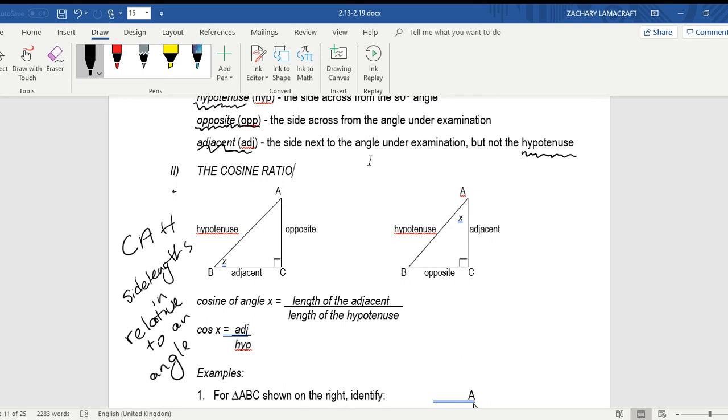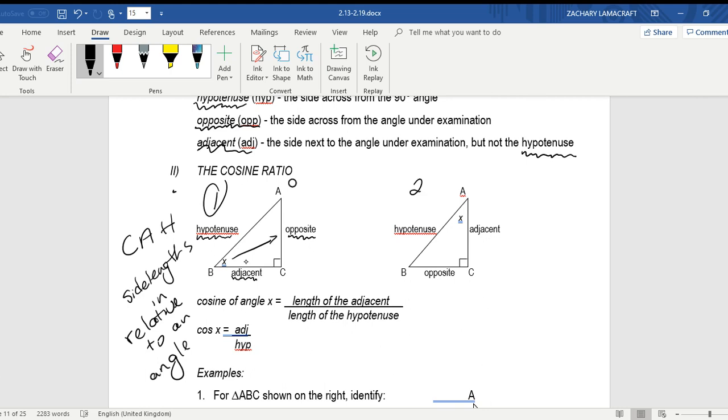So if we look at the first triangle here, ABC, and we notice that the angle under investigation is angle B, we know that the hypotenuse is always that long side, AB. We know the one across from the angle under investigation is the opposite, and the one directly across it, we now know, is adjacent.